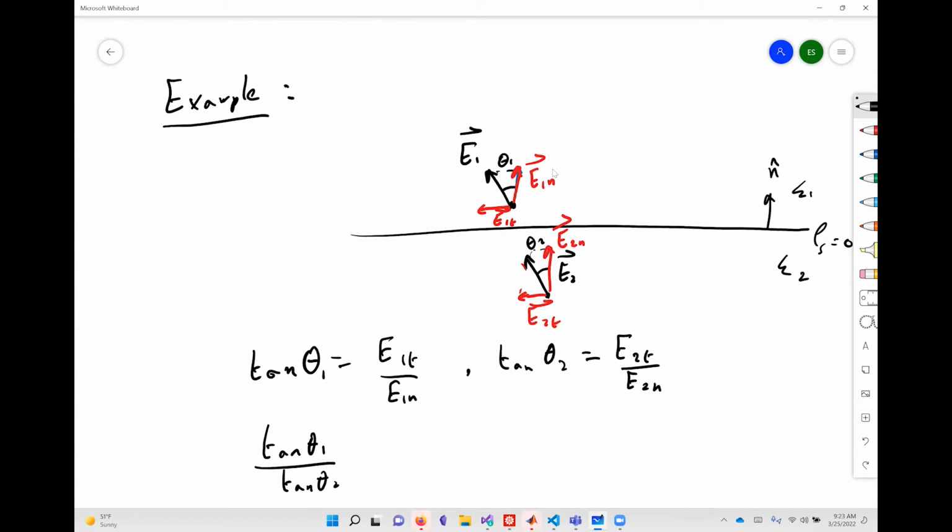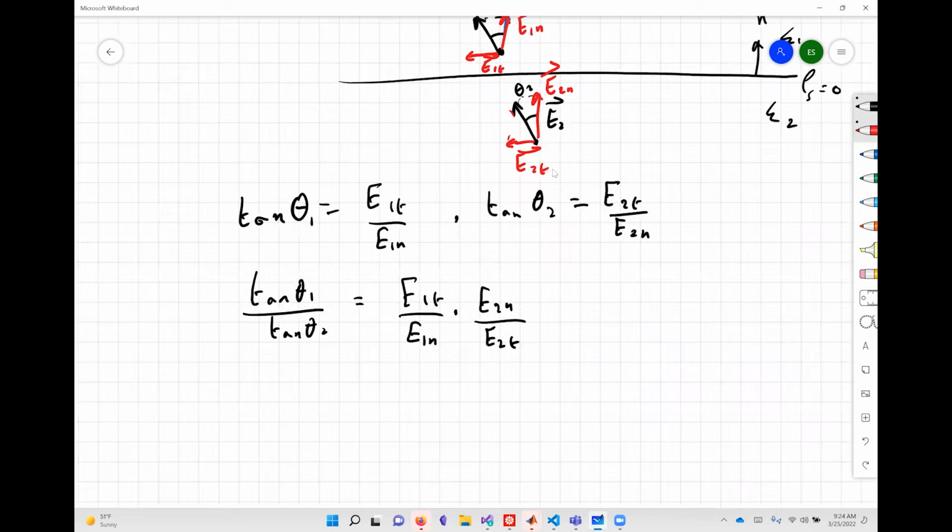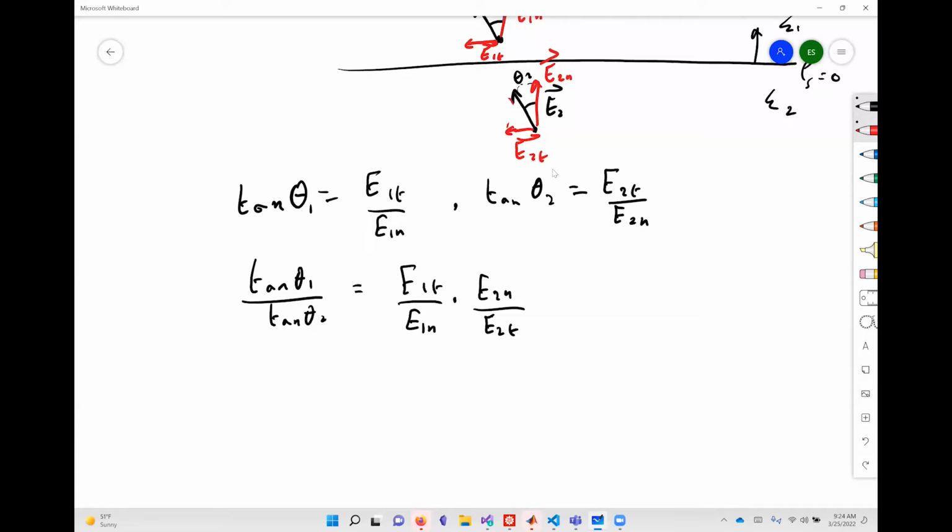What is tan θ1 over tan θ2? That's going to be E1t over E1n times tan θ2 inverted, which is E2n over E2t. Now we know that the tangential components of the field intensity are continuous. So E1t is going to equal E2t. So this cancels, right? E2n and E1n are not continuous, the normal components, but the flux density is continuous.